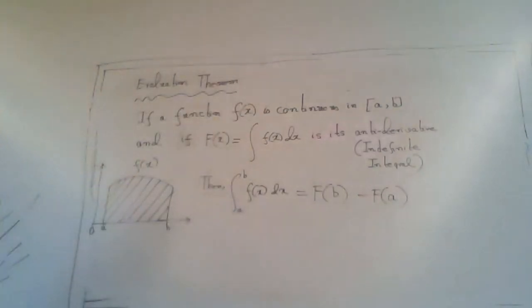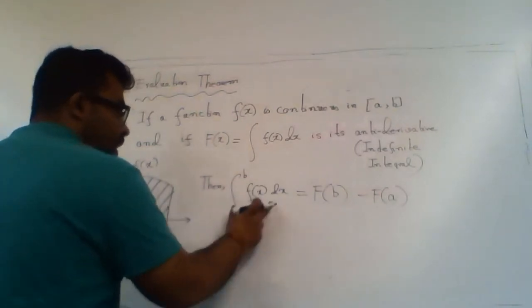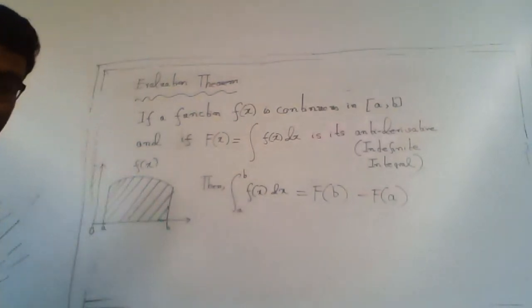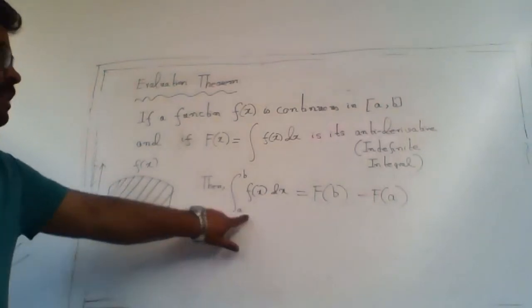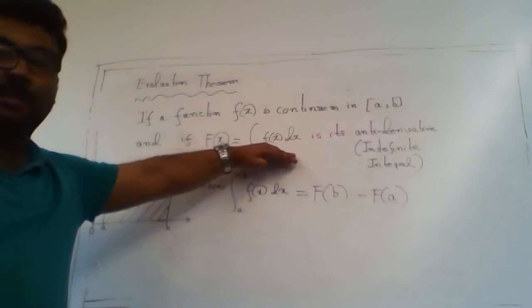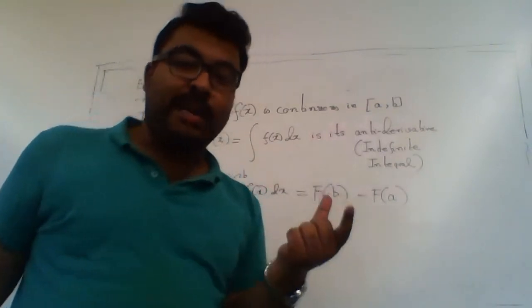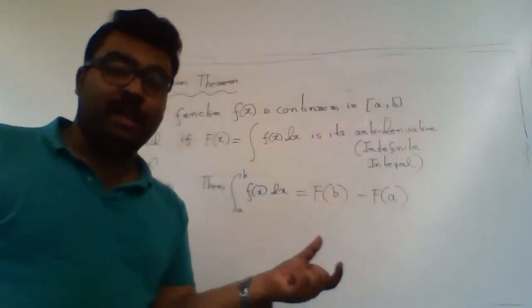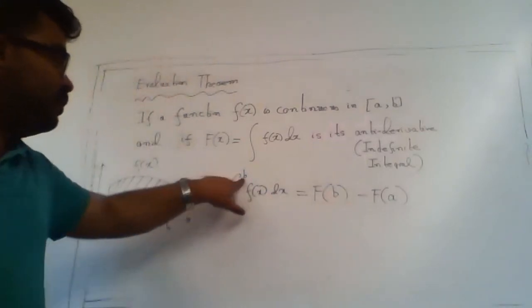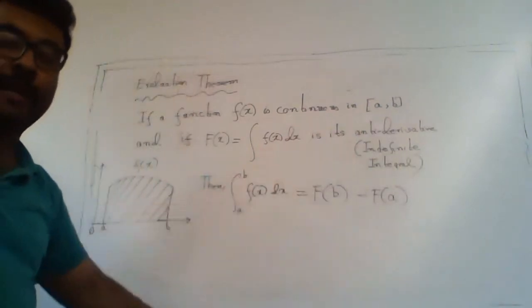Thus it tells us that finding a definite integral is very easy. To find a definite integral, we just ignore these limits and find the corresponding indefinite integral using the techniques discussed in video 1. Whatever result you get will be a function. In that function, put the top value, put the bottom value, and find their difference. This is exactly what the evaluation theorem says.